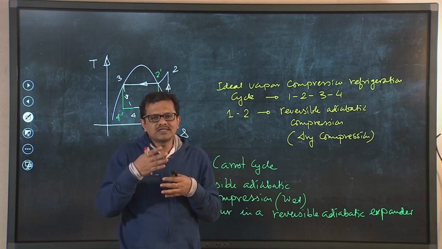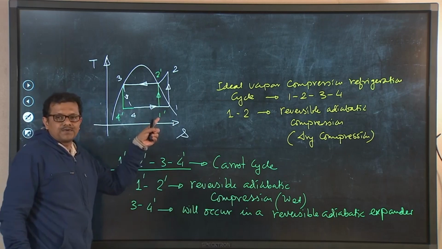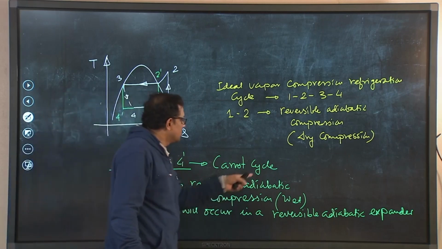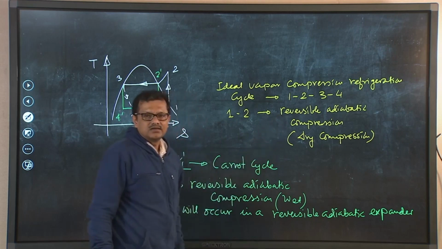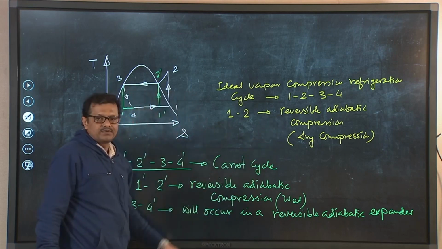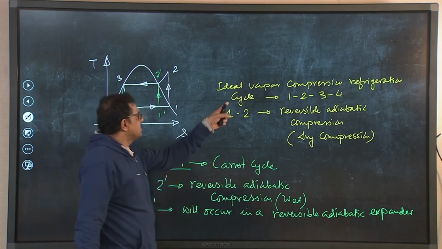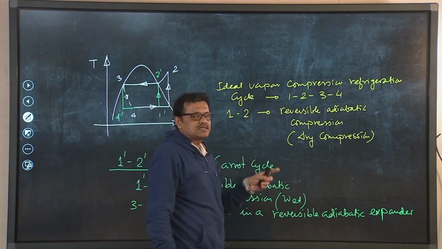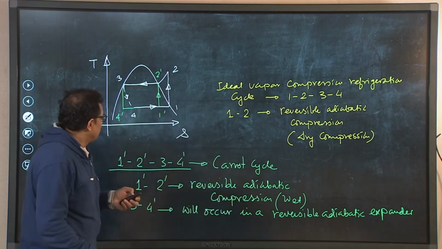So, considering these two, wet compression is not preferred, and rather dry compression, that is 1 to 2, is preferred, and that is why a variant of this cycle, the ideal vapor compression refrigeration cycle, is preferred over the Carnot cycle.